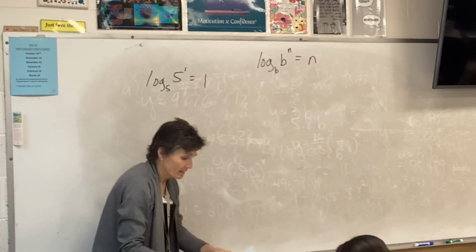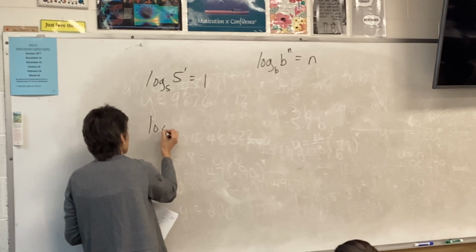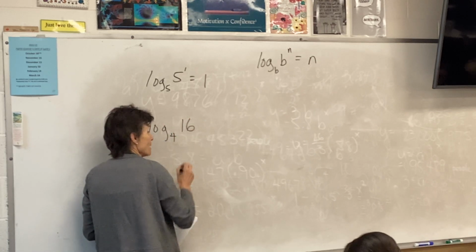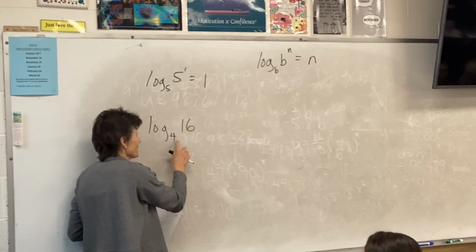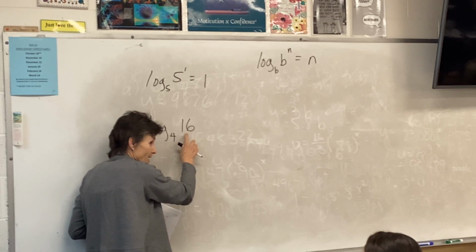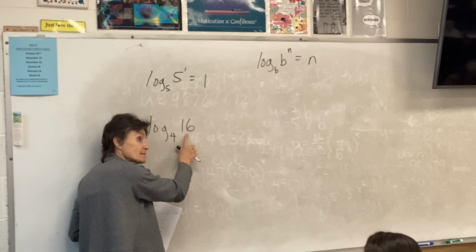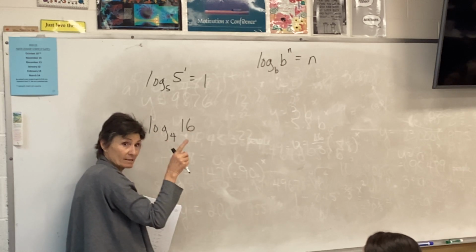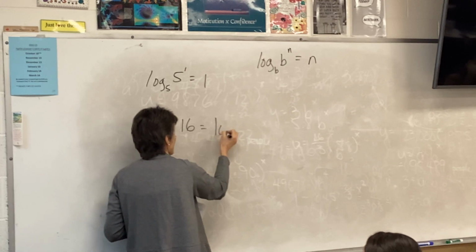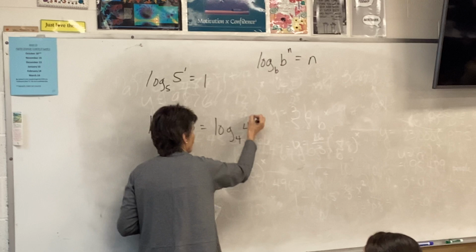That easy. Now, log base 4 of 16. Now be careful. Do these two numbers match? No. But can we make them match? What do we know about 16? It's 4 to the second, isn't it? Yes. So what if we wrote this as the log base 4 of 4 squared?